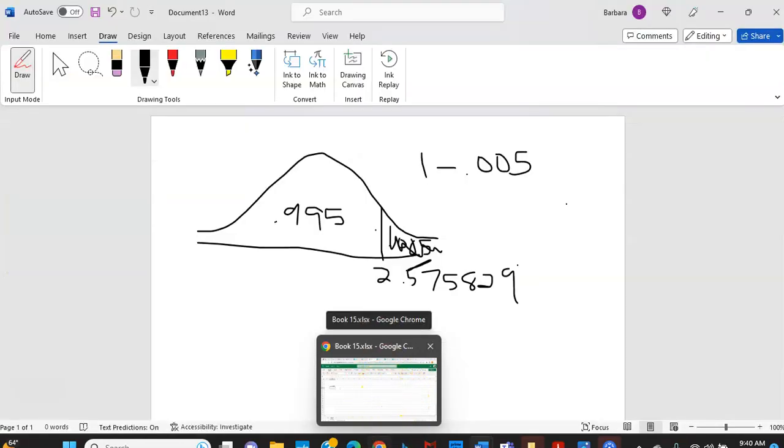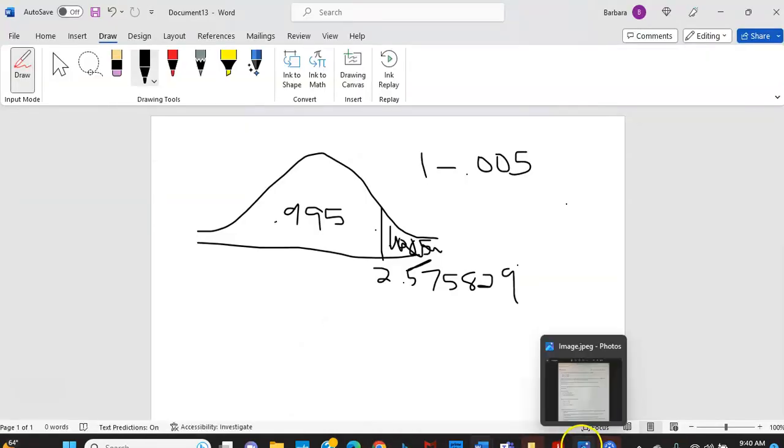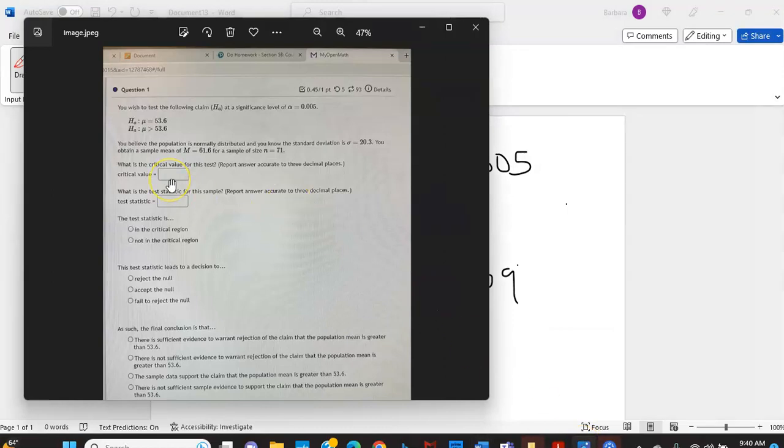Let me go back to wherever I had our picture. There we go. We've got our critical value, 2.575. It did say 3 decimal places, so 2.576 is what I should have rounded that to. So let's get the test statistic, and again, we've got to report it to 3 decimal places.